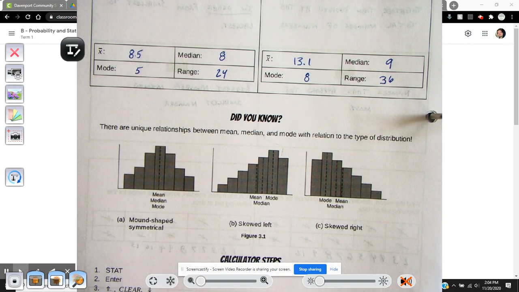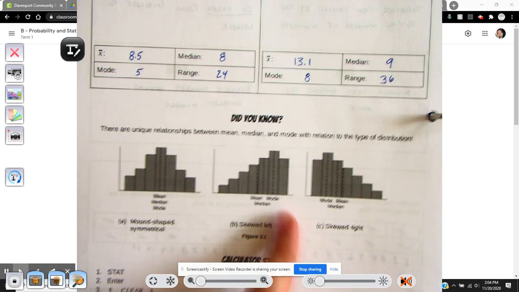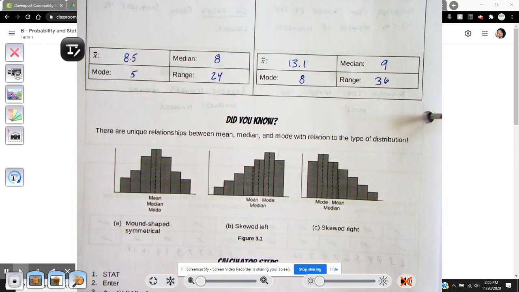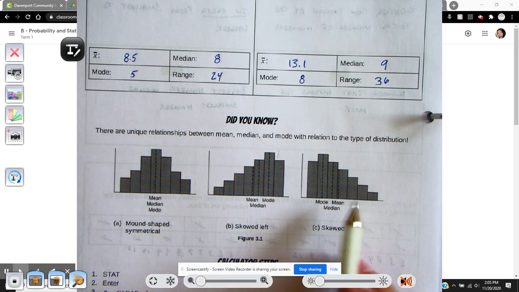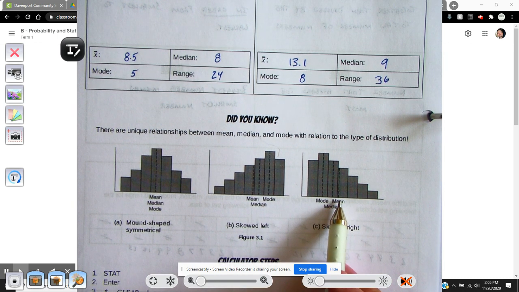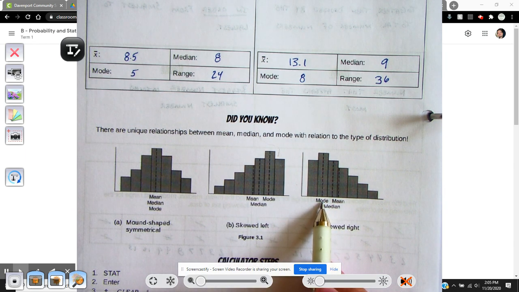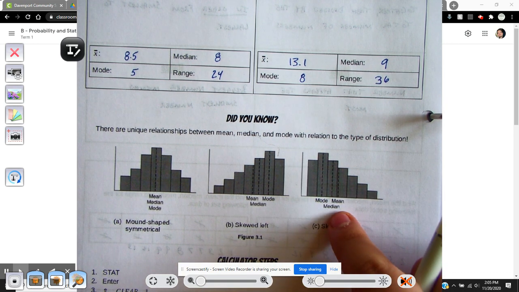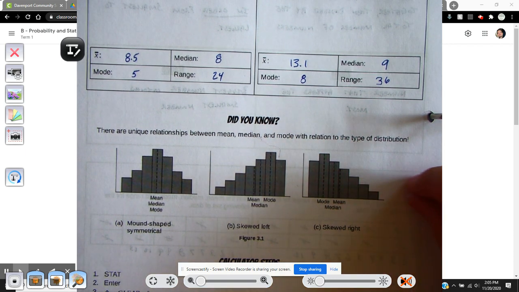So in other words, from that highest column, skewed left, it's pulling everything to the left. And vice versa for skewed right. Our mean is in the middle of the picture. Our mode is in the highest column, and our median is between them. So the mean is being pulled to the right.